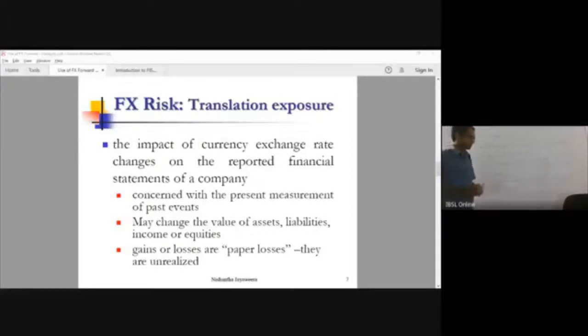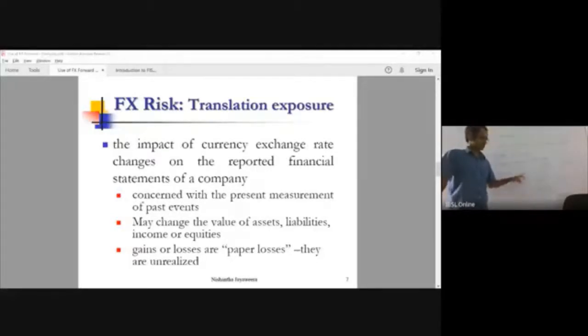So then, in terms of rupees, the same 1 million may be recorded as 185 million rupees. Last year your liability was 180 million rupees. This year your liability is 185 million rupees.